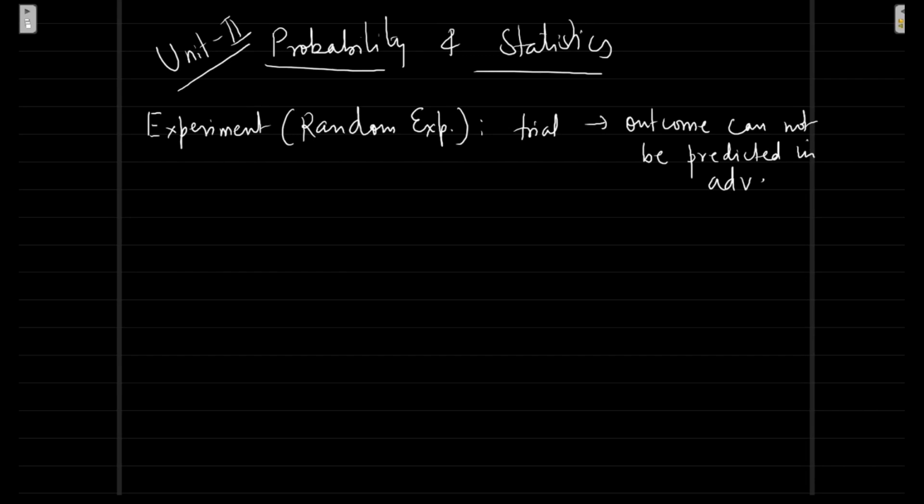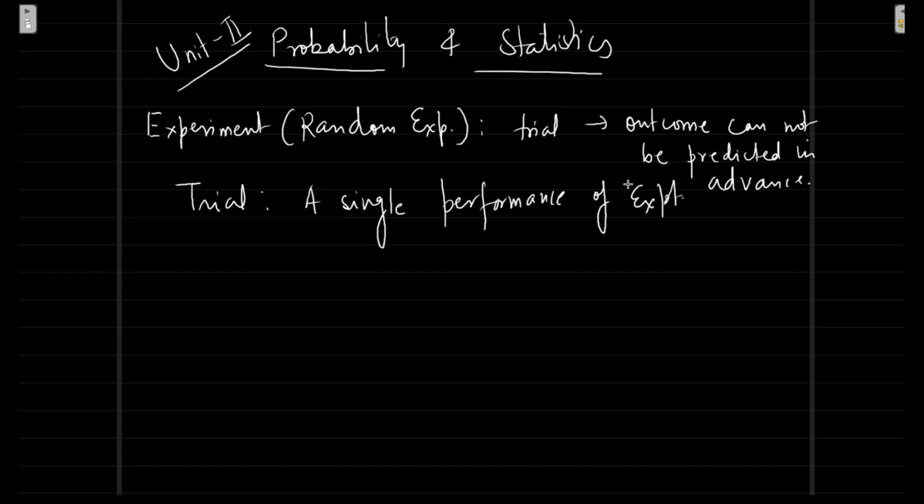Then what is a trial? A trial is a single performance. Easiest one, let's say toss a coin, and I'm making a trial, that means a first toss. I do not know whether it will be head or tail. A single performance of this experiment I call a trial.